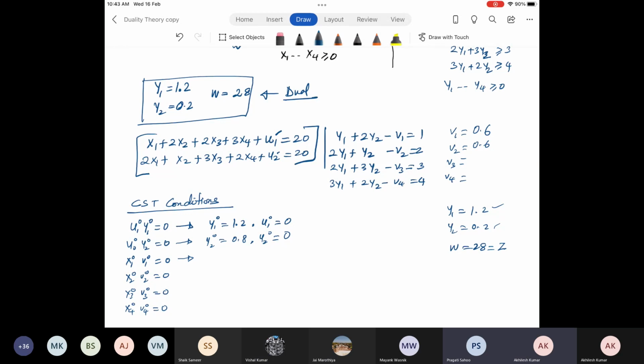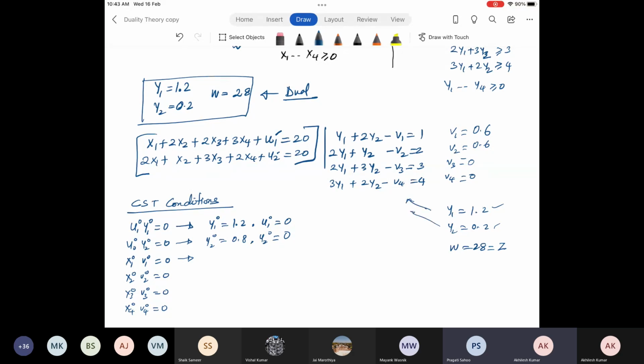What about v3 and v4? Zero, and 0 again. Nothing big, you just have to put the y1, y2 values into these equations and you will find v1, v2, v3, v4.